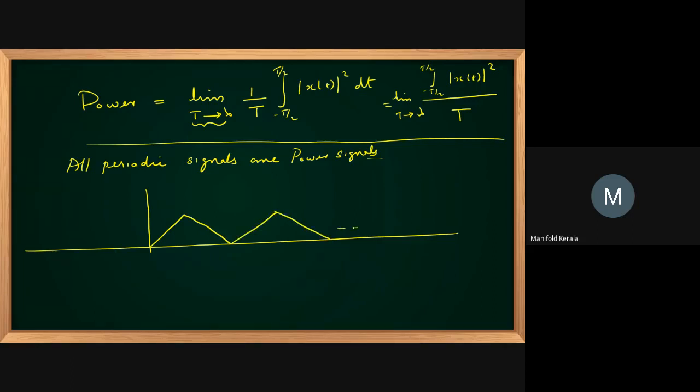Okay, this is a triangular wave. It is extending from minus infinity to plus infinity. So this is 0. Let us say this is 2, 4, this is 6, this is 8. I'll take the amplitude as 1. Okay, so that is a periodic signal. Now, if I consider the energy of this signal in this part, that is the same energy in this part also, right?